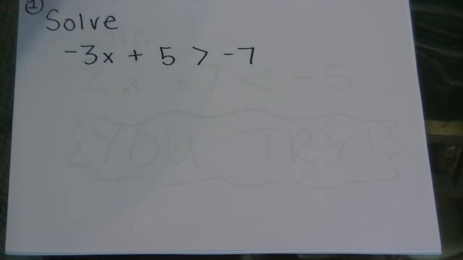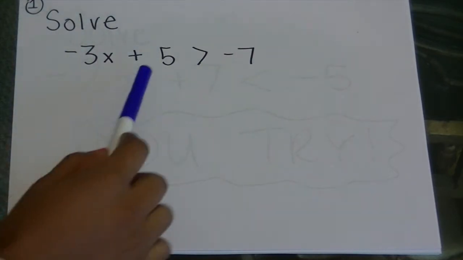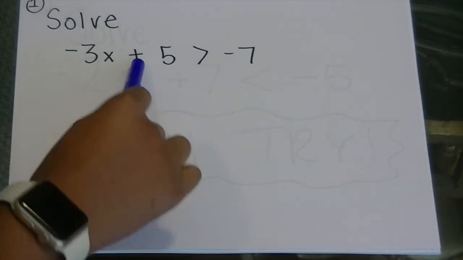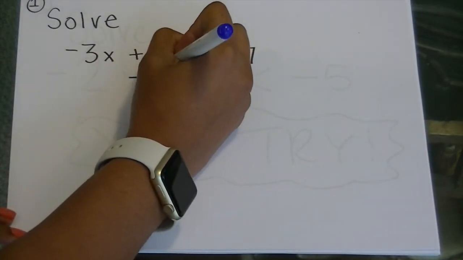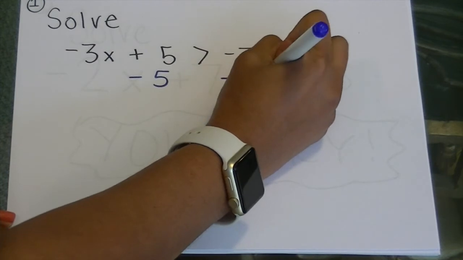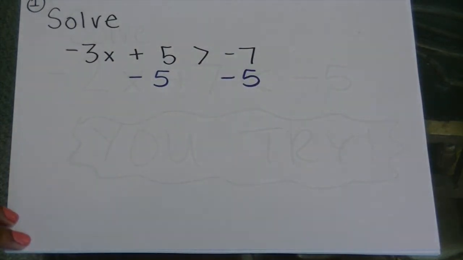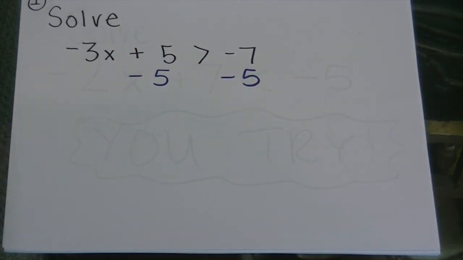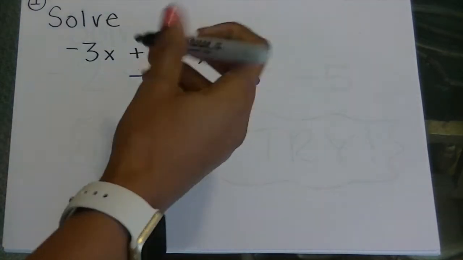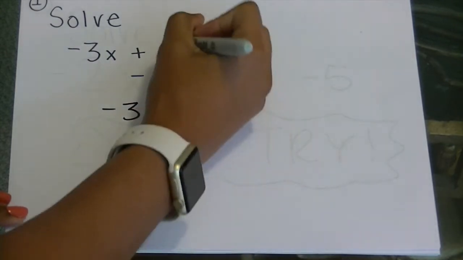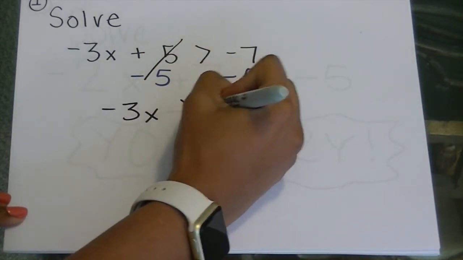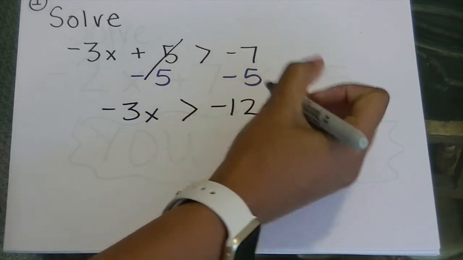Normally my first step would be to move this 5 to the other side, and I do that by subtracting 5 from both sides. After I subtract 5 from both sides, I'm left with negative 3x, this cancels, is greater than negative 12.